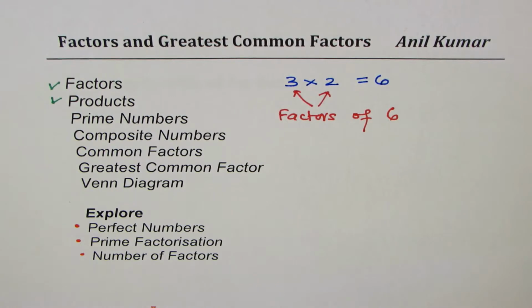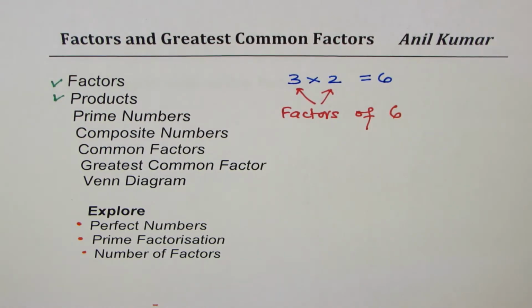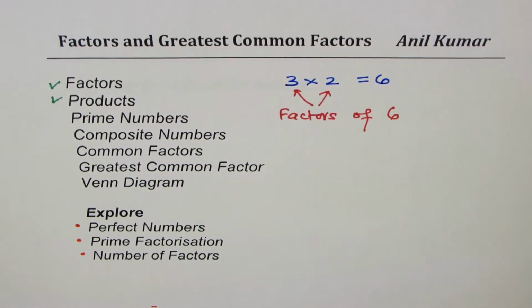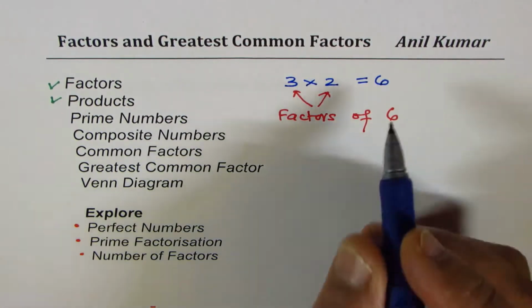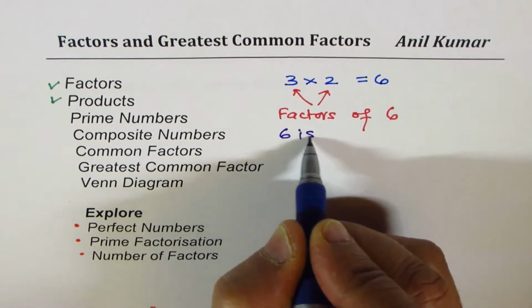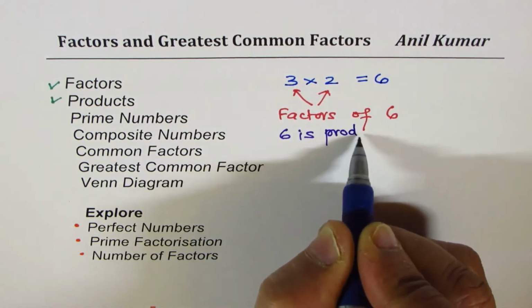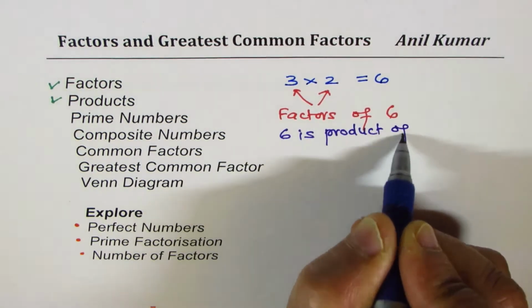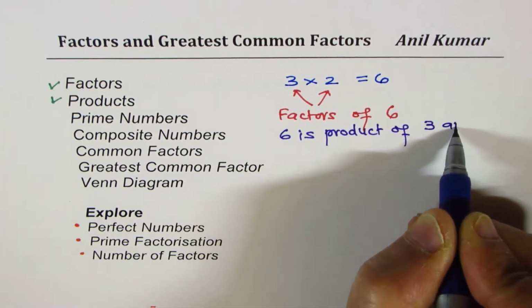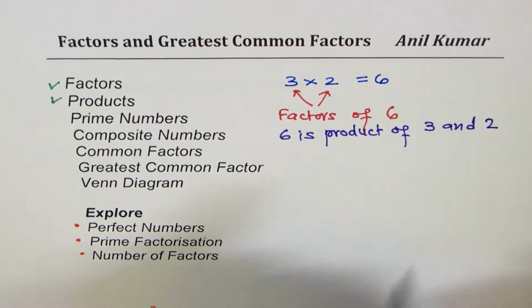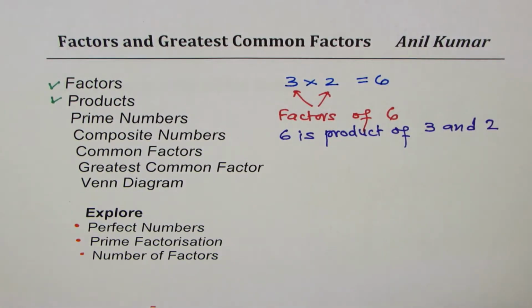And what is 6? 6 will be referred to as the product of 3 and 2, and we'll say 6 is the product of 3 and 2. Does it make sense? So that is how these two terms, factors and products, are very much related. Correct? Now always you'll find that 1 and the number itself is always a factor, right?